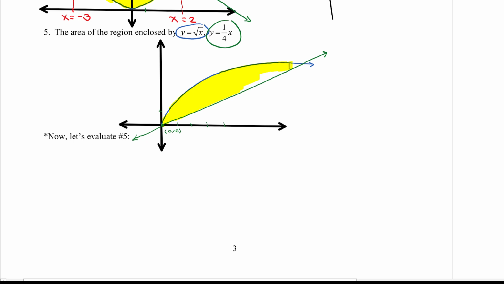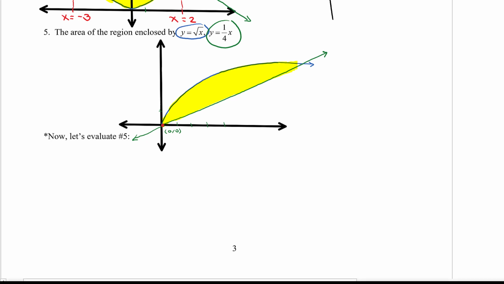I am going to go ahead and shade the region that is enclosed by the two functions. So now that I have shaded in that region, I've shaded the region in yellow. I can tell that this region that I'm looking for the area in is focused in quadrant 1.